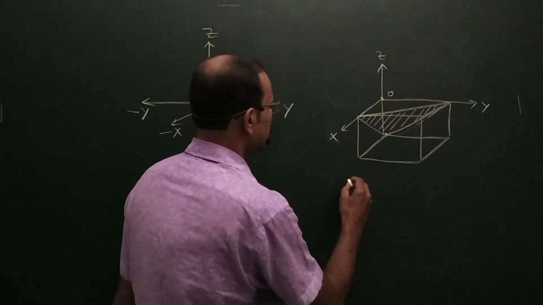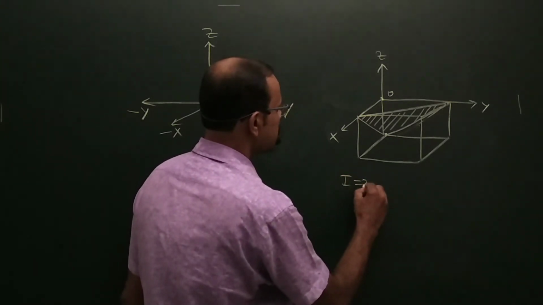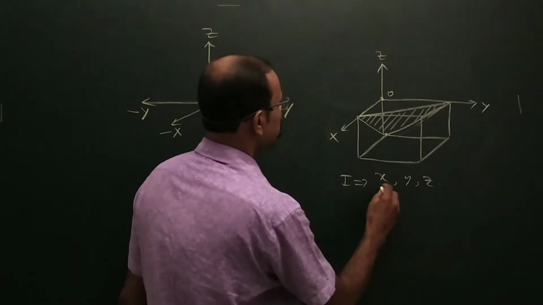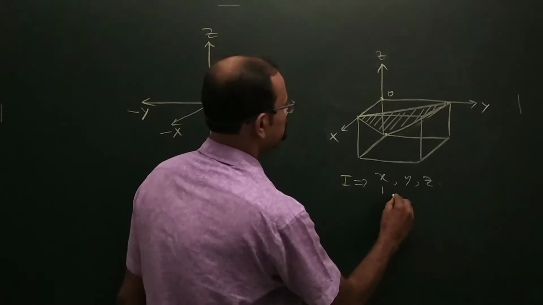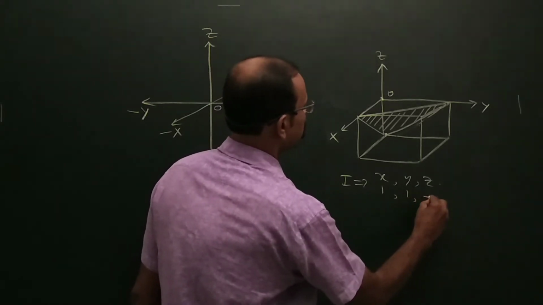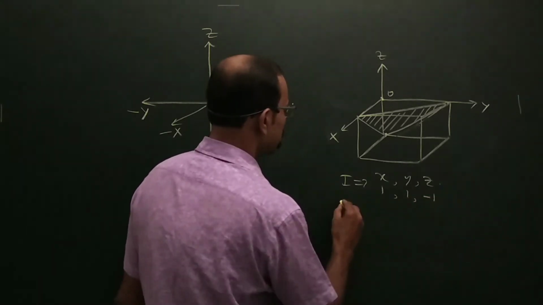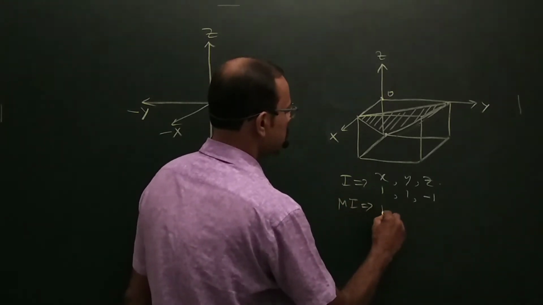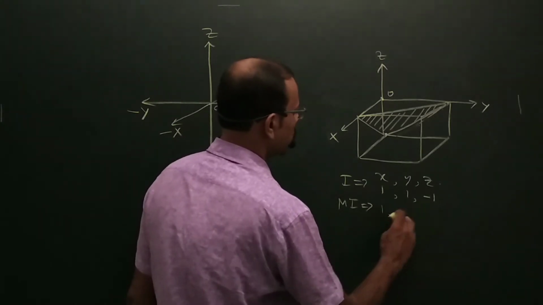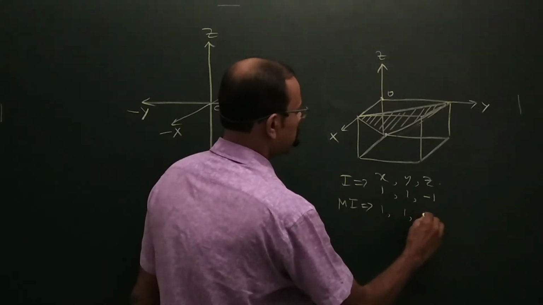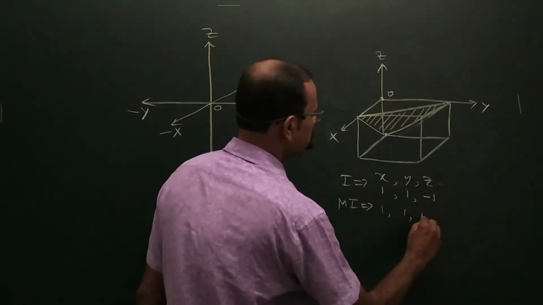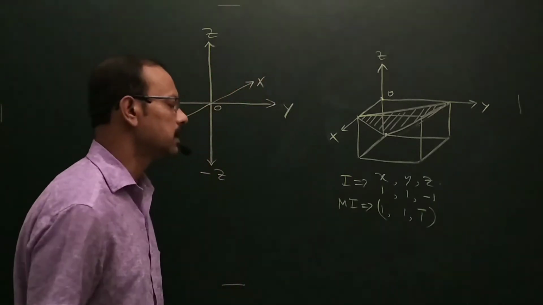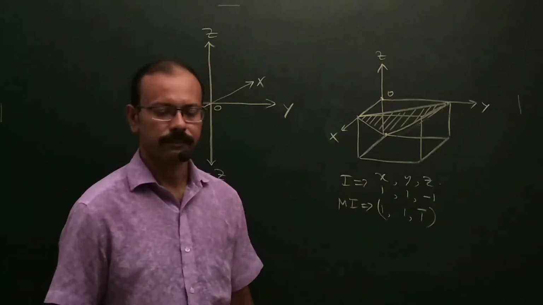Therefore, the base indices along x, y and z axis are respectively 1, 1 and -1. So, the reciprocal, that is Miller indices, will turn out to be 1 by 1, that is 1, 1 by 1 again, that is 1, and -1 by 1, that is -1, which we should write as 1 bar. These are the Miller indices of this plane.